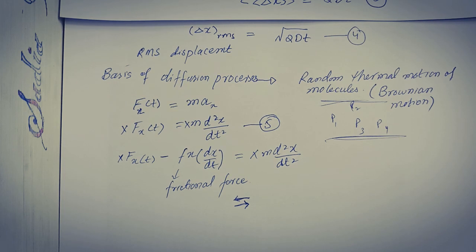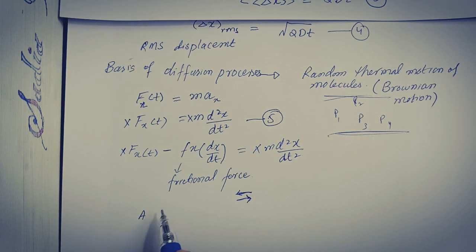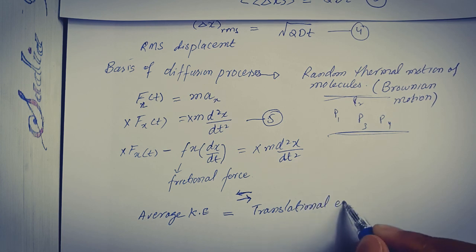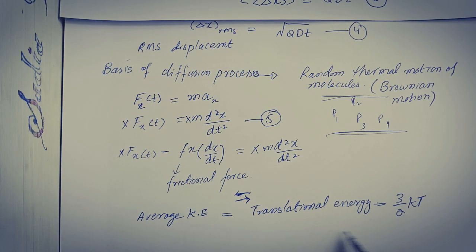So this force can be arranged for many particles, and Einstein averaged this value for many colloidal particles, assuming that the colloidal particles have an average kinetic energy equal to the average translational energy, that is actually expressed as 3 by 2 kT for the molecules of the surrounding fluid.